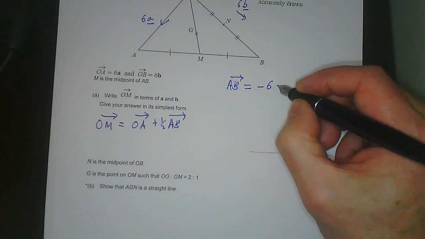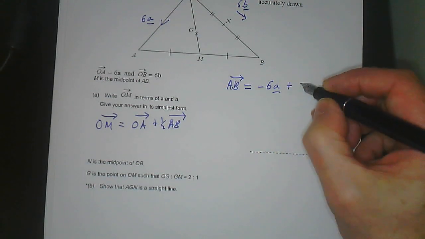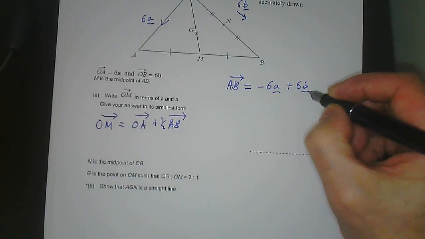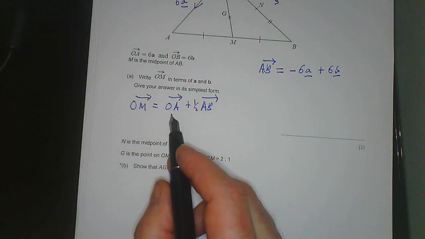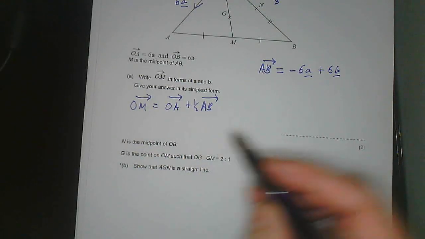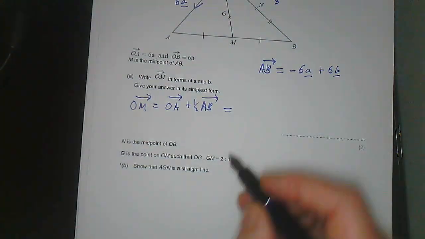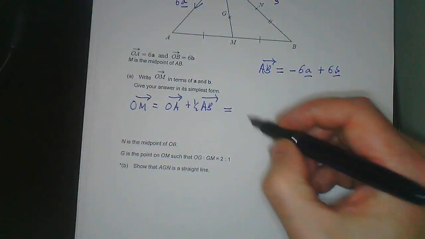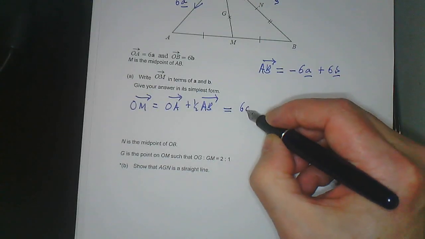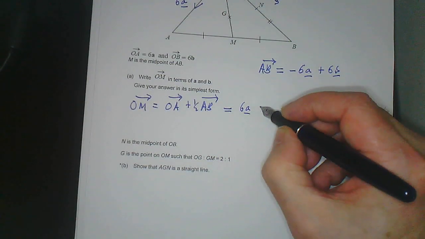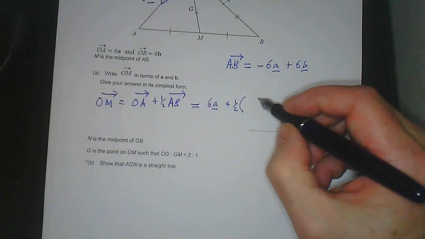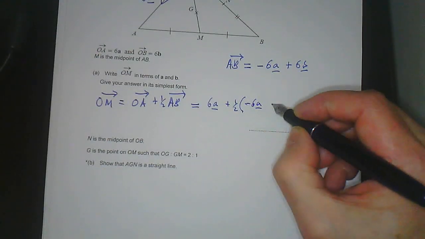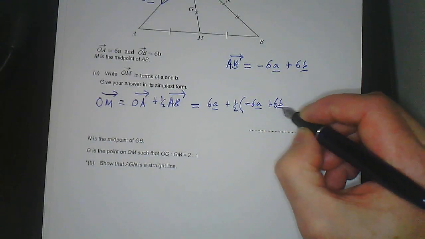minus 6a plus 6b. So therefore, OM equals OA plus a half AB. We can write this out now. OA is 6 lots of a plus a half A to B. A to B is minus 6a plus 6b.